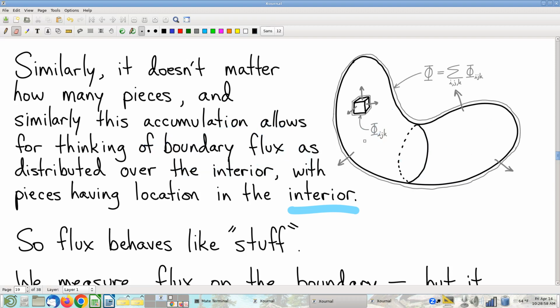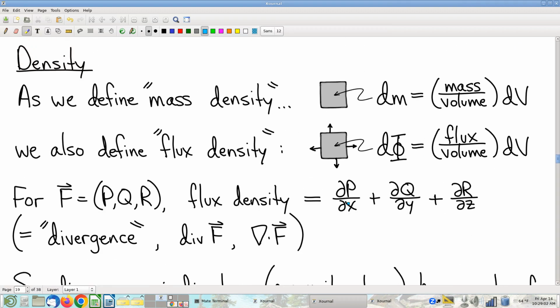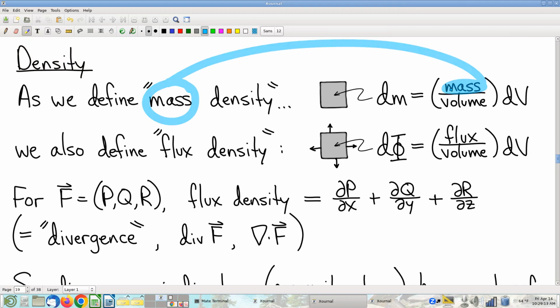Okay. All right. So if it's a stuff, then we can talk about stuff per unit volume. Thus, we can talk about density. So, reminder, the term mass density means we're looking at mass per unit volume.